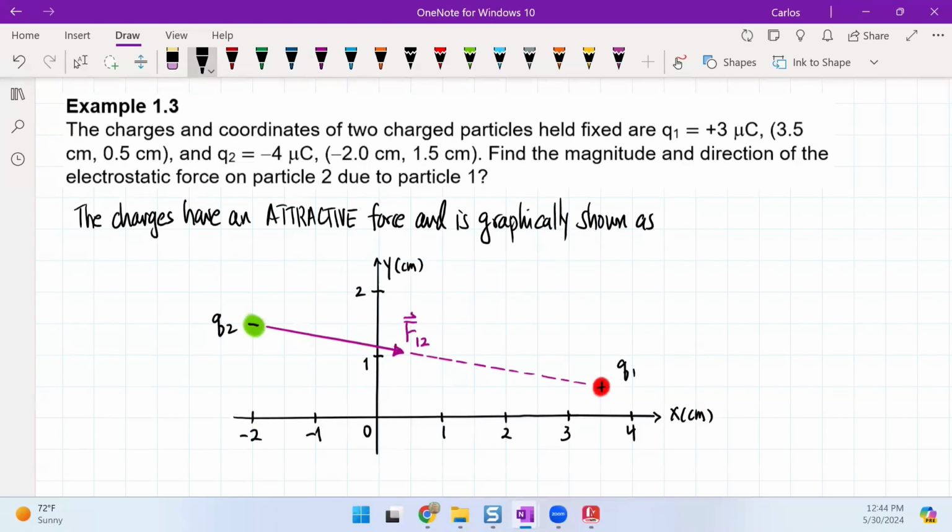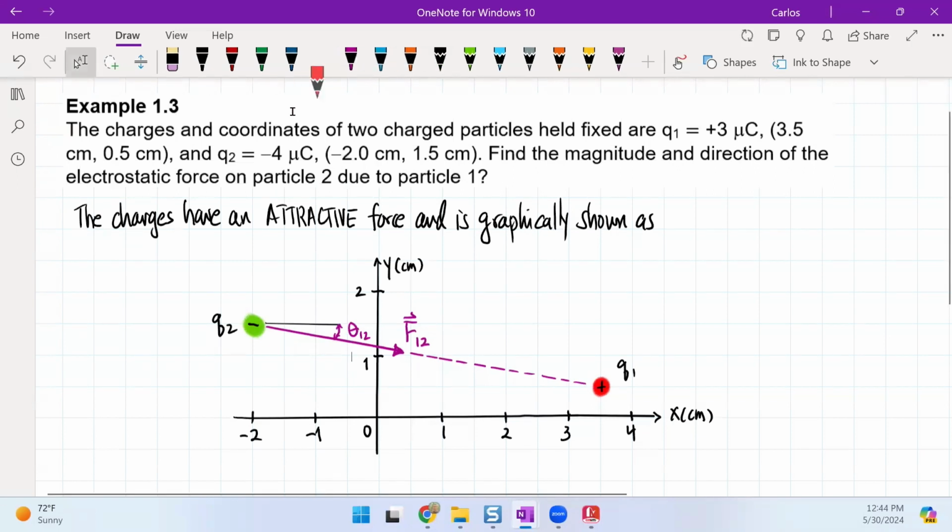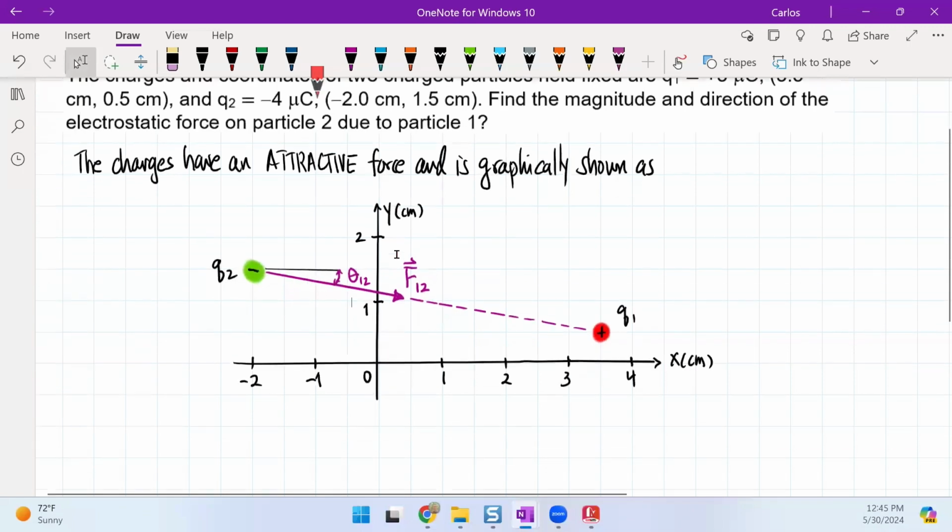This is what we're trying to calculate. We want to calculate that force, and we want to calculate that magnitude. So when I'm looking at the direction of this, this angle right here is the angle that we are interested in, which I'm going to call theta 1, 2. So the direction of the force is theta 1, 2. Okay, let's do this.